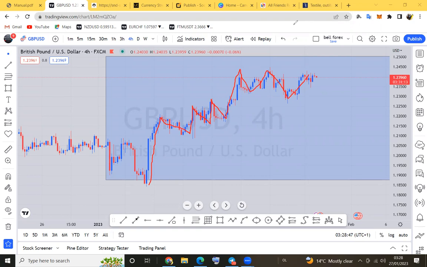Now, if we switch this blue, because on the daily time frame we saw just an uptrend, but now we are seeing uptrends and downtrends.